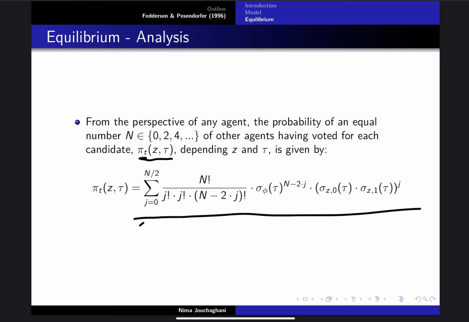Now you might ask yourself what this expression is representing. It's going over all the possible constellations that obviously depend on the number of agents who are selected, and creating situations where we have a tie.